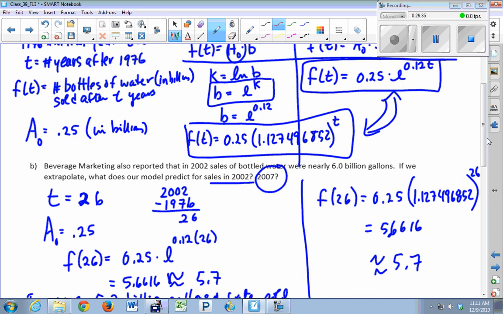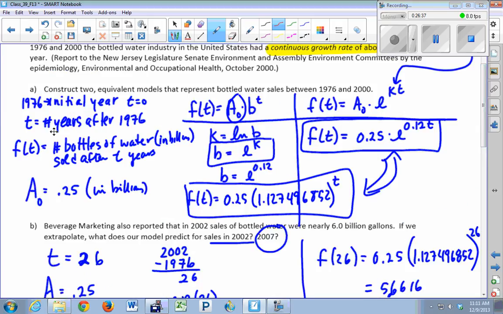Go back here. Right? F of t is the number of bottles of water. It's actually the number of gallons of bottled water. That's where I made my initial mistake.